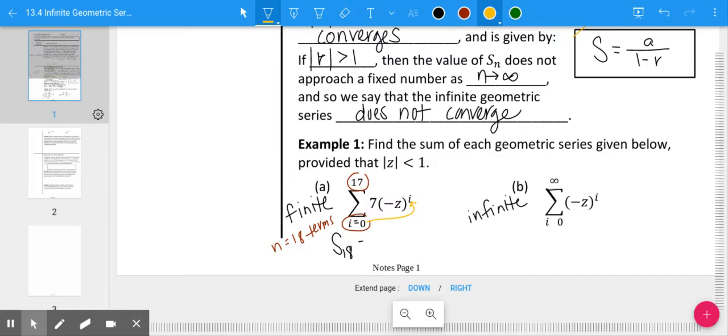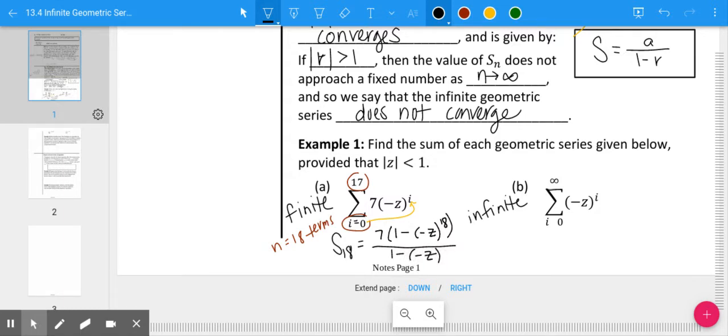If I plug 0 in, I get 7 times negative z to the 0, I just get out a 7. So my initial value is 7 when I plug that 0 in. I have 1 minus, my R is negative z here, and I'm going to the power of 18 because I'm looking for S sub 18, and this is all over 1 minus, again, my R is negative z.